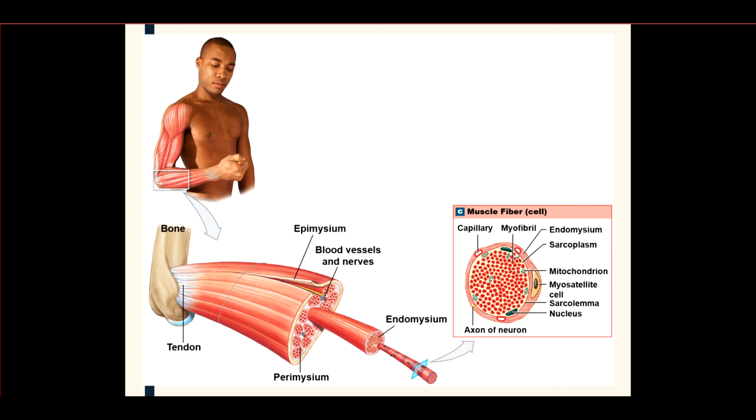All of this. And then you can see these red circles, these are blood vessels in the endomysium. Here's that specialized cell, like a stem cell that helps with tissue repair, called the myosatellite cell. Just to show you, here's the nucleus of the muscle fiber. It's on the edge over here. It's not in the middle where we normally expect to see a nucleus.